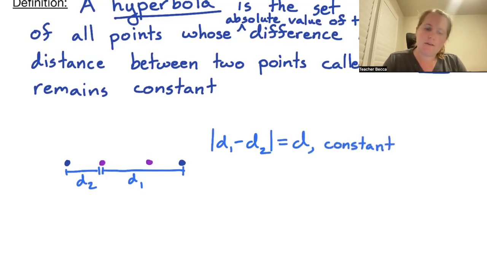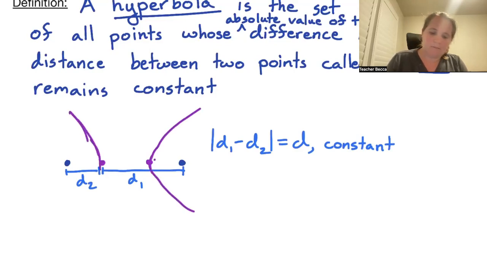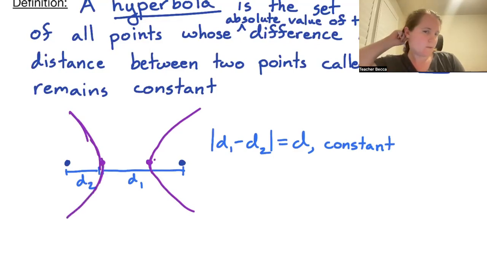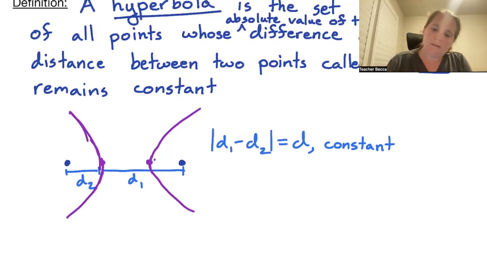It turns out that these points make two shapes that look similar to parabolas, though they're not quite parabolas, that open out around the foci. So we have two foci, each one itself a focus.